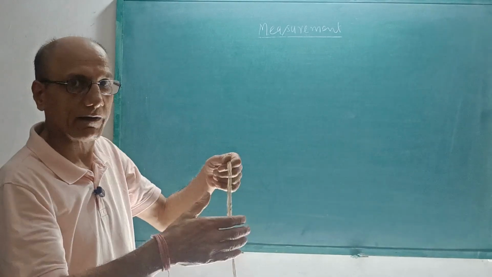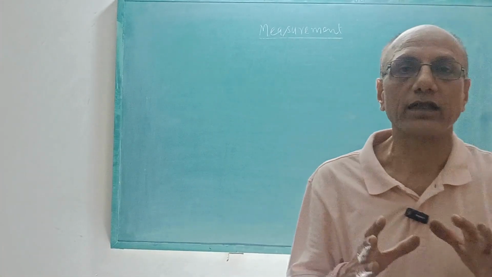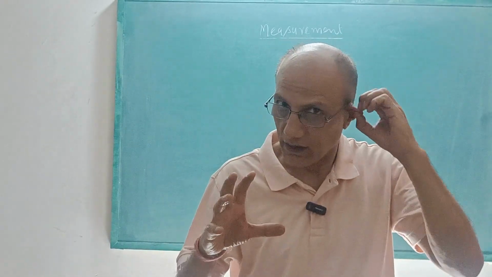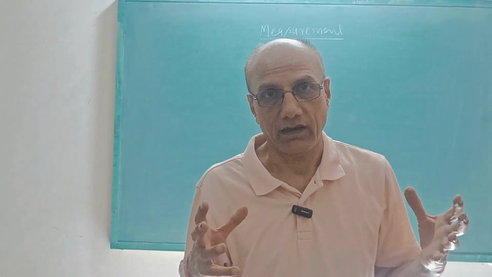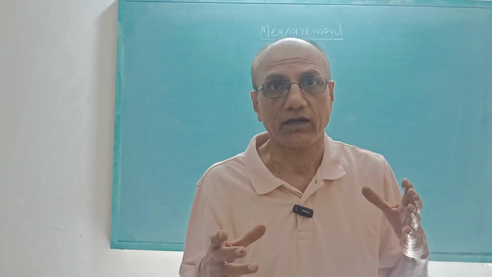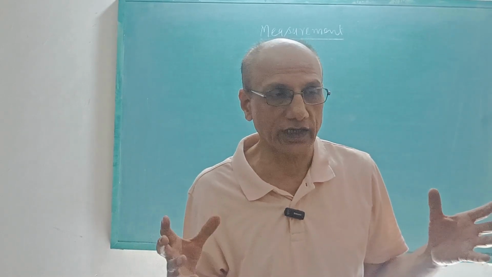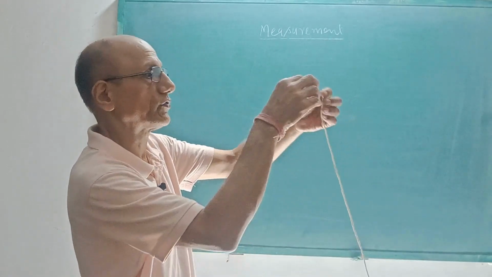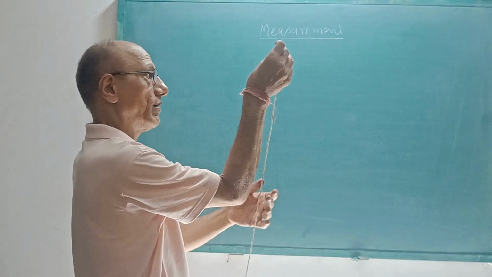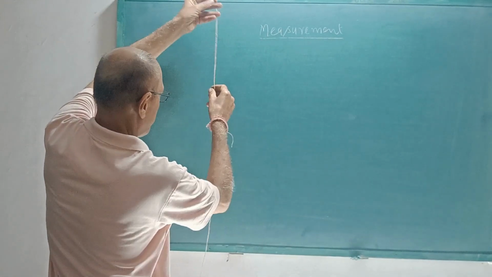So you can do it. But if you don't take standard tools, then there will be confusion, and people will fight among themselves. So if I measure with my hand, this is how I measure.